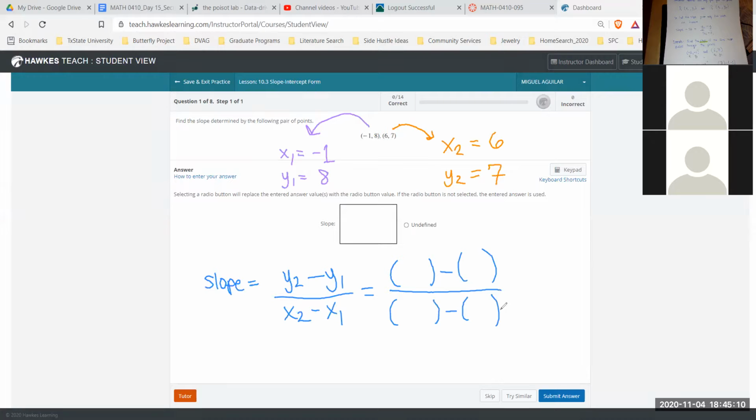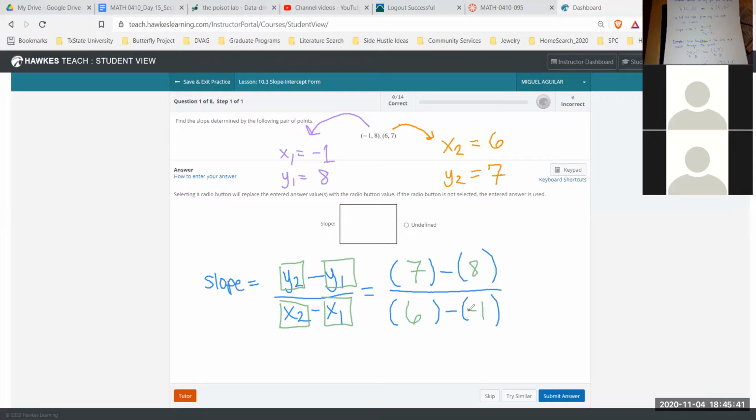And so you'll have to take care so that you don't accidentally lose a negative sign. And then we'll plug in y2, which is 7, and then y1 here, which is 8. We'll plug in x2, which is 6, and x1, which is -1.